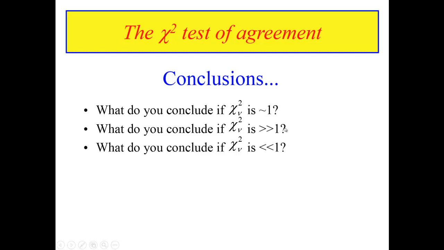In these two cases, we would see something's wrong in a more formal way by evaluating the probabilities of getting a chi-square value that large or larger. And if that probability is either too large or too small, if it's very, very far away from 1/2, then we would conclude that our data really don't fit that line very well, and we might want to go back and re-examine the measurements that we made or perhaps the uncertainties that we're assuming.